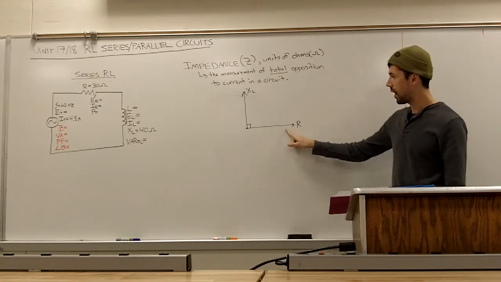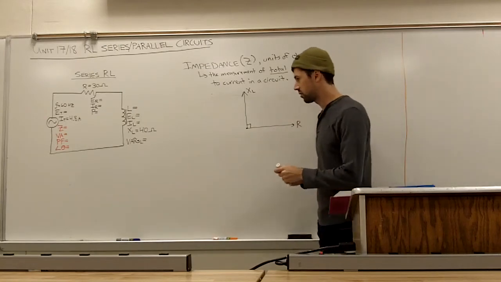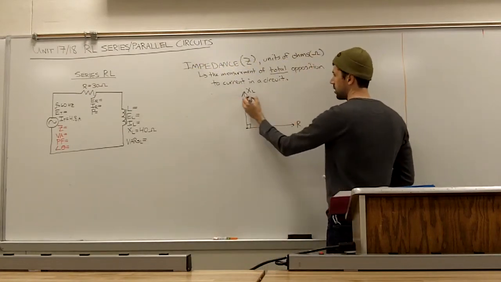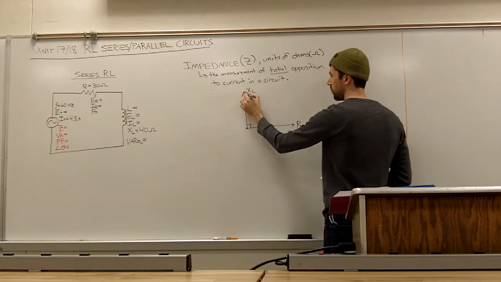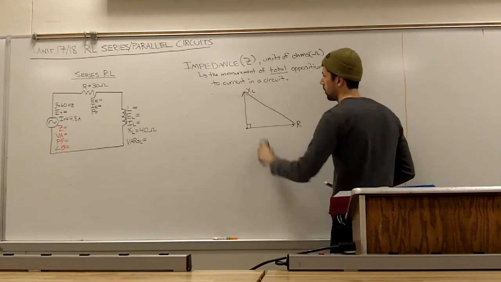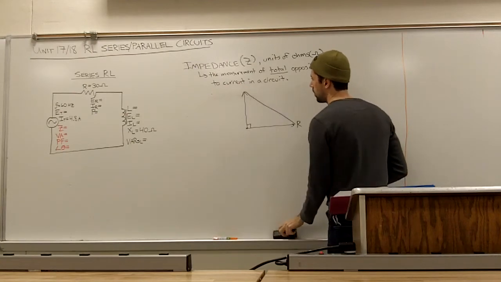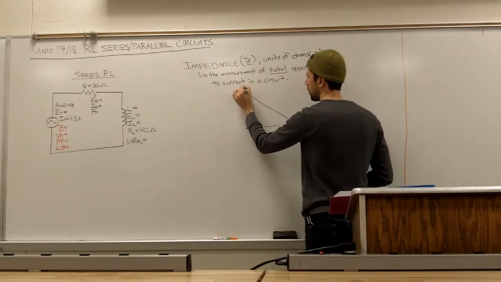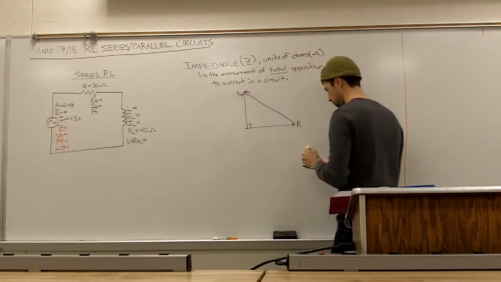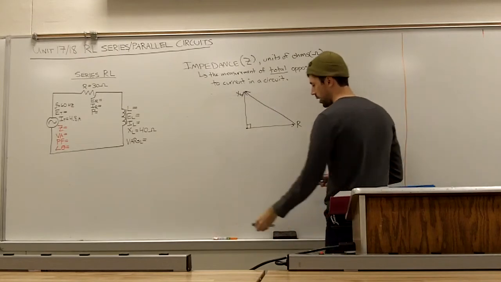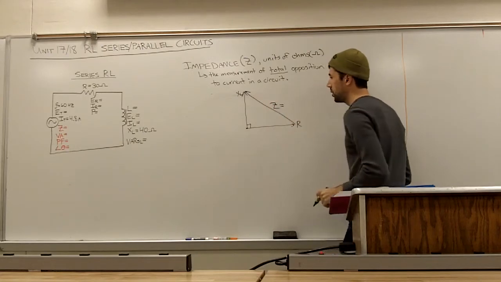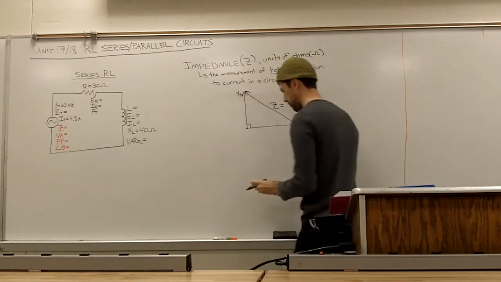Now notice I have what looks to be almost a right angle triangle. So I'm going to complete this triangle like this. And this new side of the triangle is my impedance, Z.